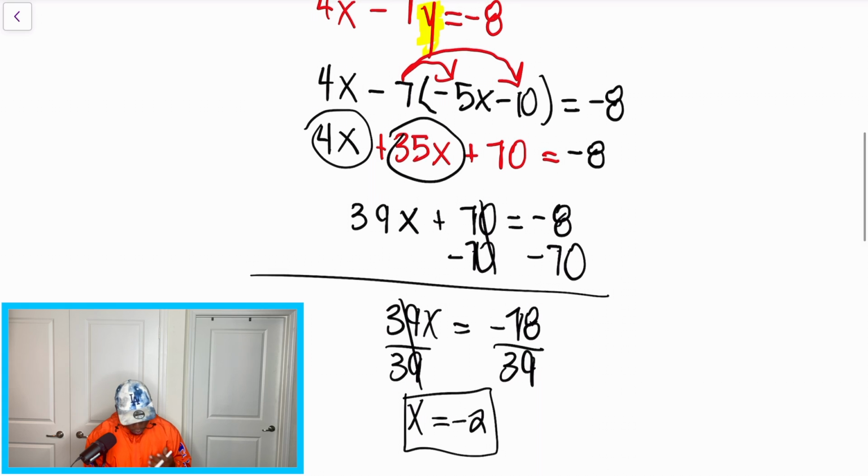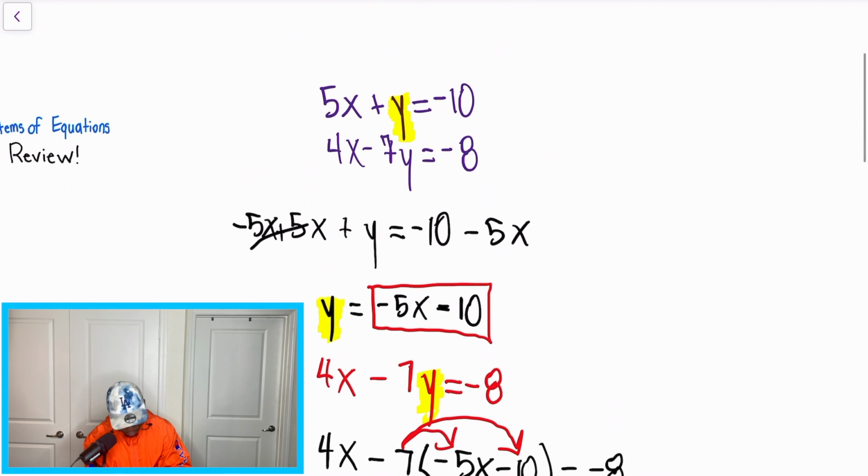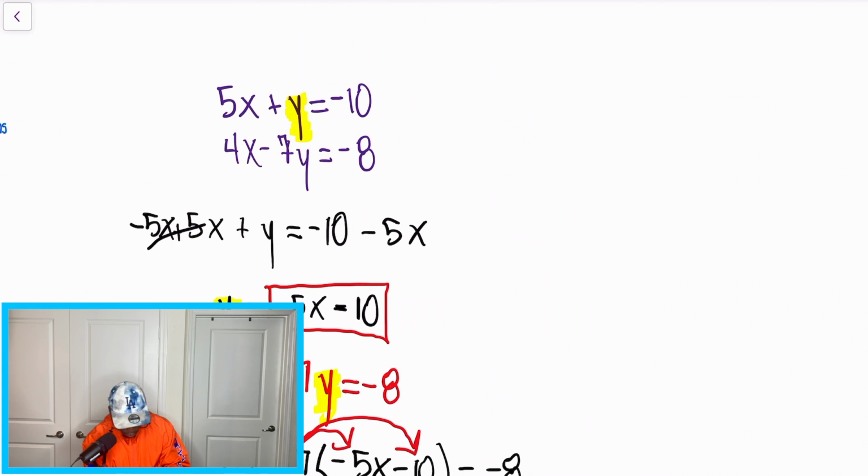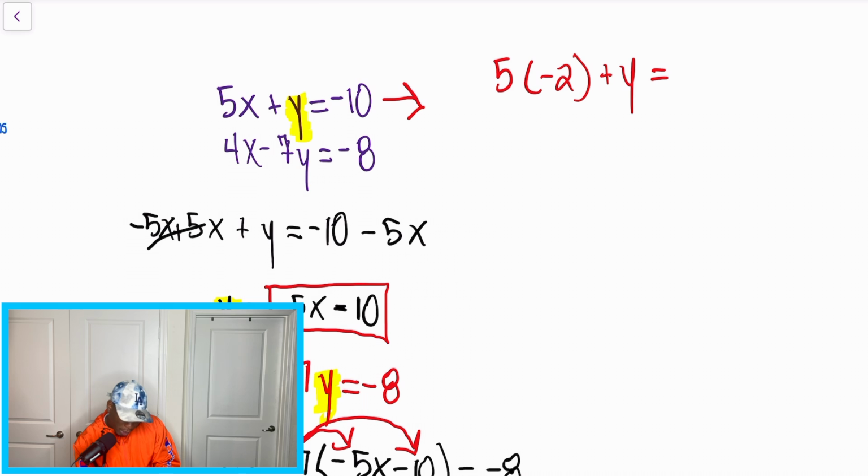We're going to pick the first equation. So we have equation number 1, and we do 5 times negative 2 plus y is equal to negative 10. We simplify, and we're going to get that y is equal to 0.